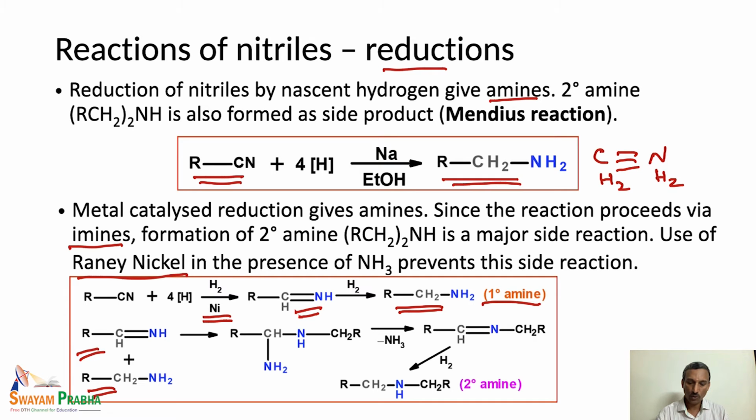These two react together to produce the secondary amine as shown here. This is one of the side reactions which produces secondary amine. So the Mendius reaction is a better reaction for preparing primary amine, but it also gives an additional byproduct, that is a secondary amine. To avoid that, we can use Raney nickel as the catalyst.